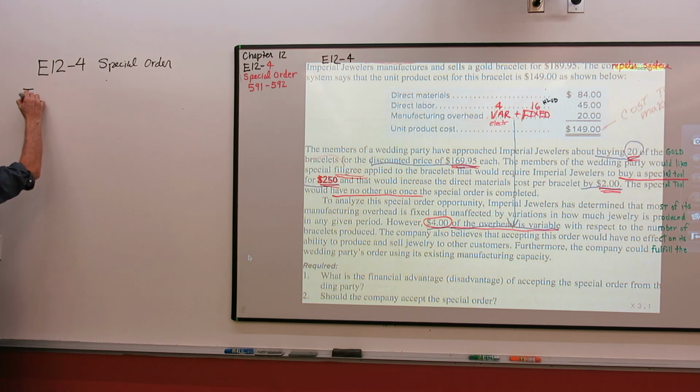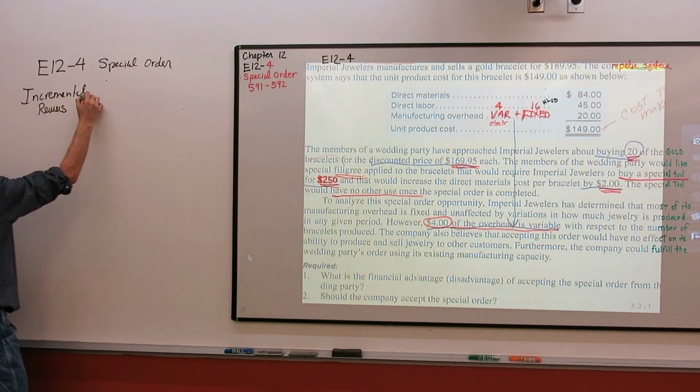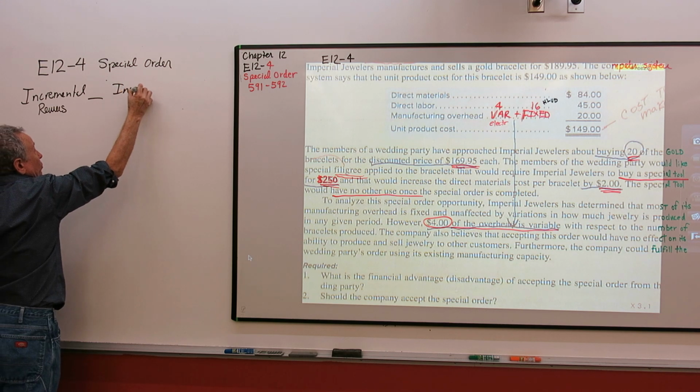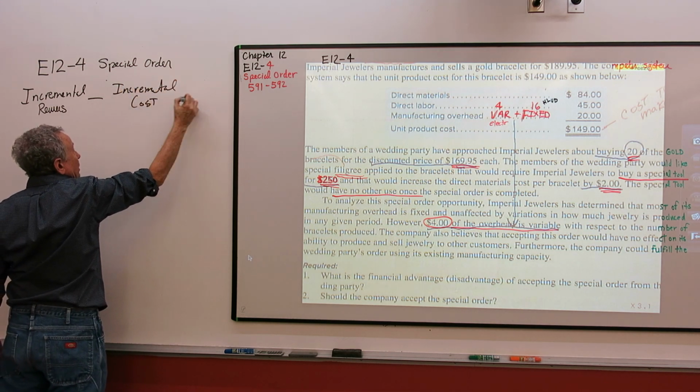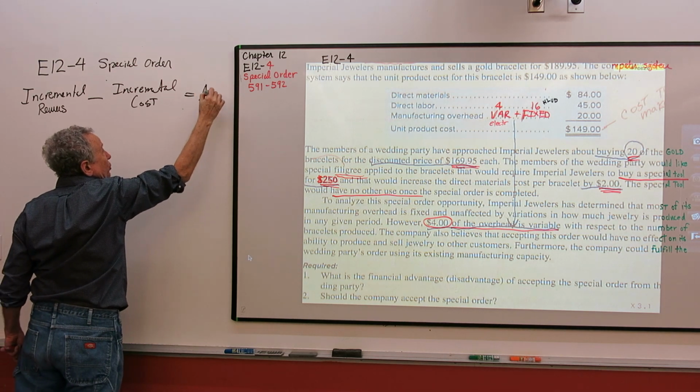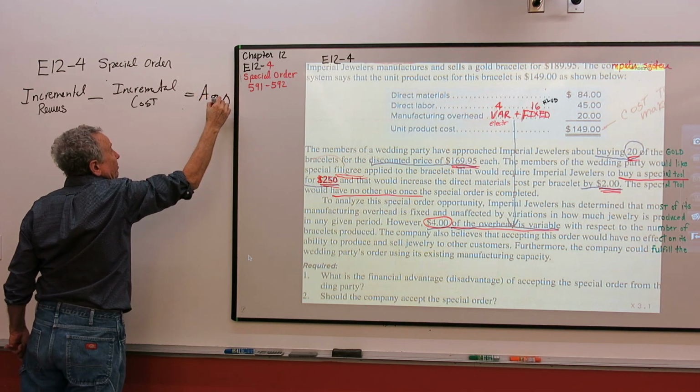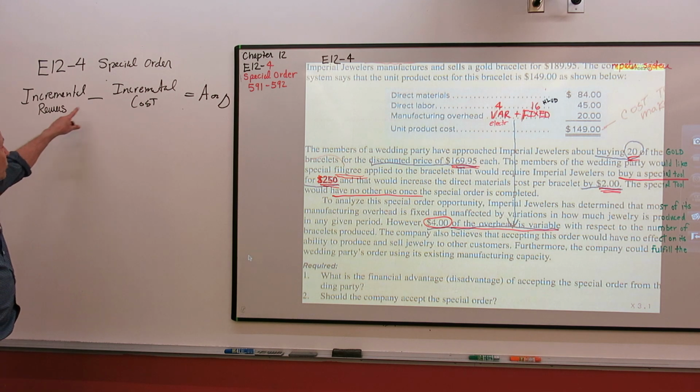Just take the incremental revenues minus incremental costs. And that will either equal the advantage or disadvantage. So incremental revenues minus incremental costs.